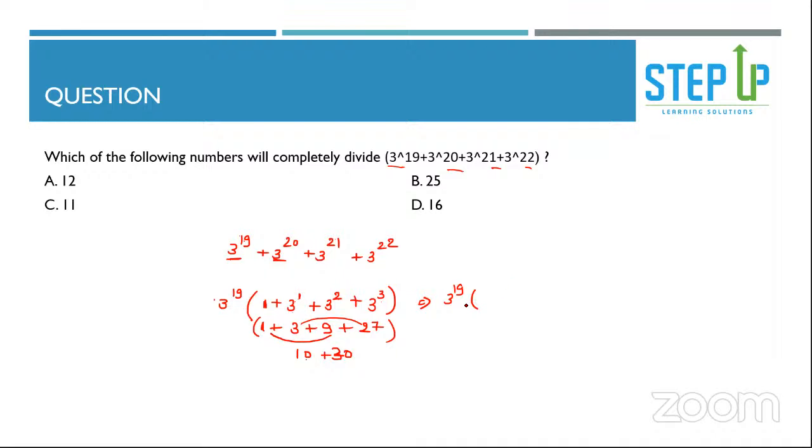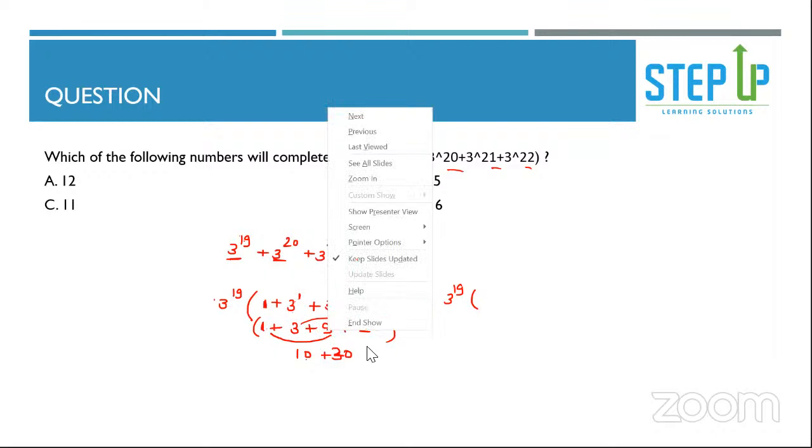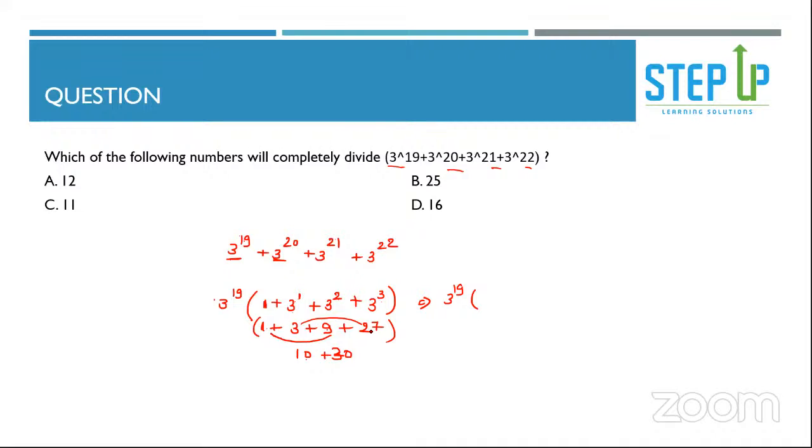So you are getting 40 overall, isn't it? Yes, it is 40. So this is equal to 3 to the power 19 into 40.